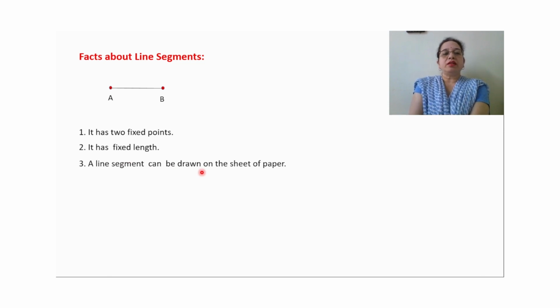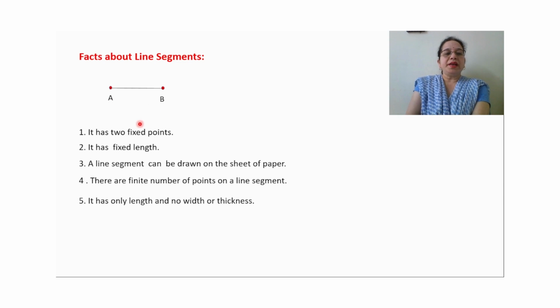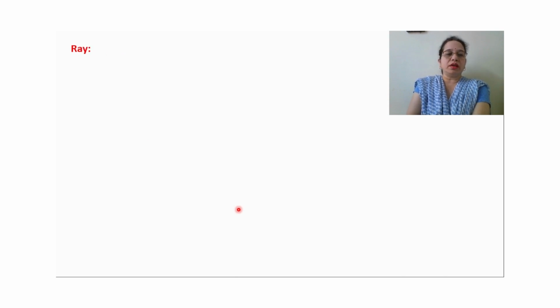Since the length is fixed, we can draw a line segment on a sheet of paper. There are finite number of points on a line segment. Since the length is fixed, we can find out only finite number of points on a line segment. It has only length, no width or thickness. You can see with the figure, you can find out only length, no width, no thickness.